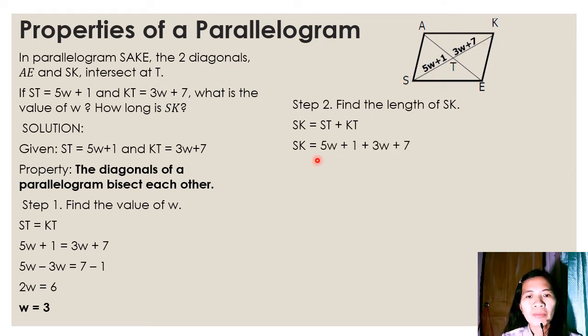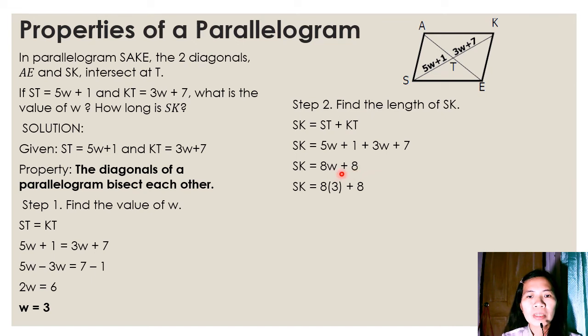So we will put the given: ST is 5W plus 1, then KT is 3W plus 7. Then we combine like terms: 5W plus 3W is 8W, and 1 plus 7 is 8.